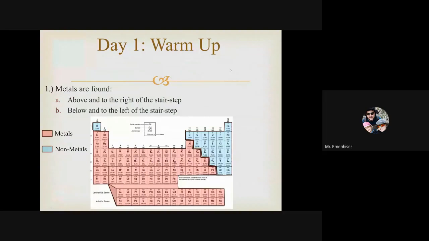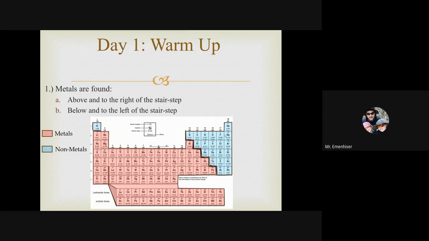Here's our warm up. I'll go over this in class, so I'm not going to go over it in this video. I'm just going to say what the answers are so that if you're absent, you can get the answers. So metals are found blank. If you look at this chart, you can see that the metals are in a pink color, according to this legend here, and the non-metals are in this blue color.